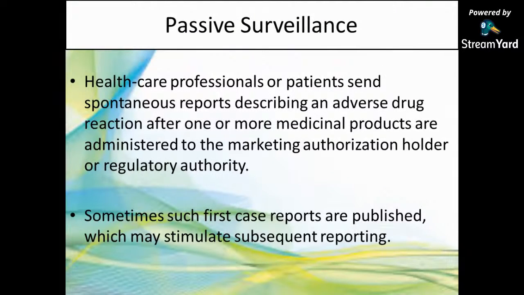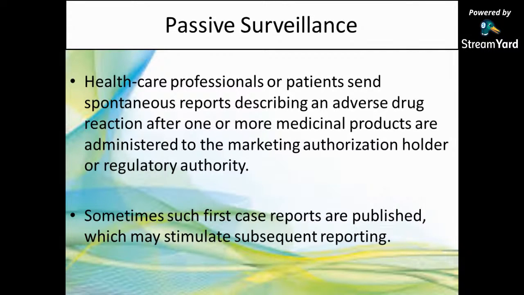Now, today we are going to see two important methods. First is passive surveillance, which is widely used for reporting the adverse event, and the second one is active surveillance. Now, as we have seen the four criteria for reporting the adverse event, certain more information needs to be mentioned in the report while reporting through passive surveillance.